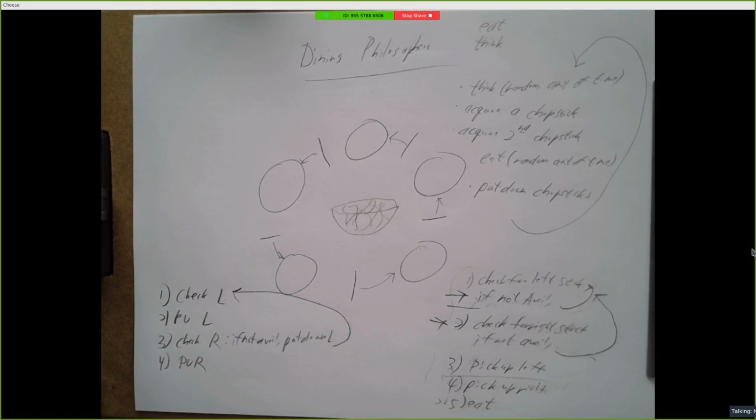Alright, so your algorithm: check the left chopstick. If it's available, pick it up. Now check for the right chopstick. If it's available, pick it up. If not, put the left chopstick down and go back to the top and wait a random amount of time.